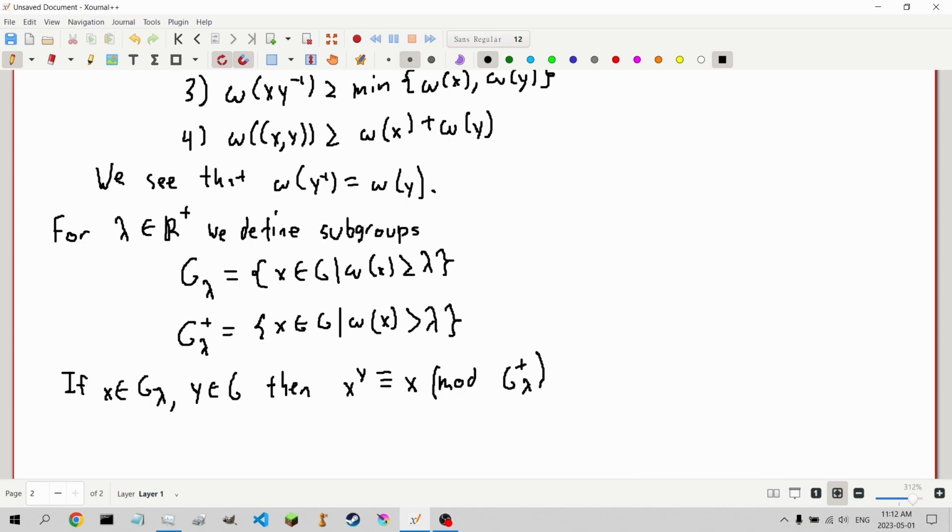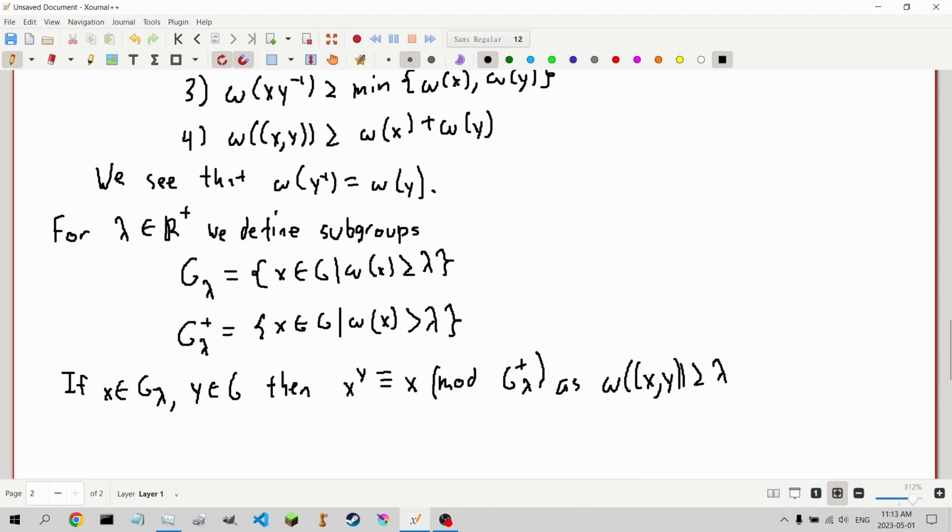We have this because omega of the commutator of two elements is greater than or equal to their sum.